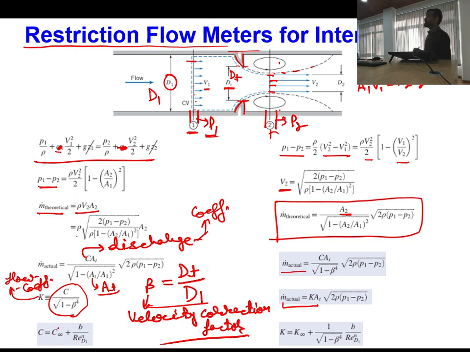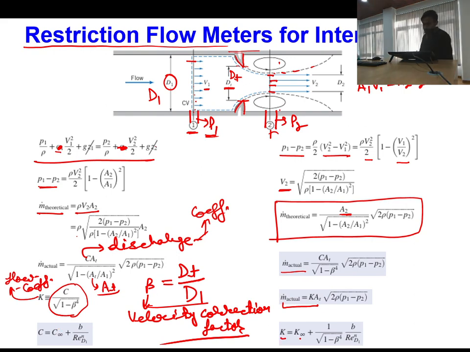C infinity is the value of the discharge coefficient for infinite Reynolds number. In reality we are not going to an infinite value of Reynolds number, but by infinite Reynolds number we mean that the value of the Reynolds number is extremely high, reaching the extreme portion of the turbulent region.